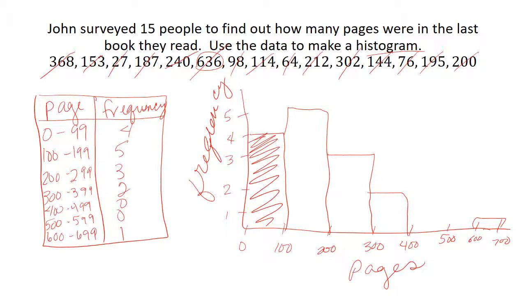So the bars don't have anything different between them, and if you were doing this on your document, you would have them be different colors. Let's change colors. Got yellow. Let's do a blue.